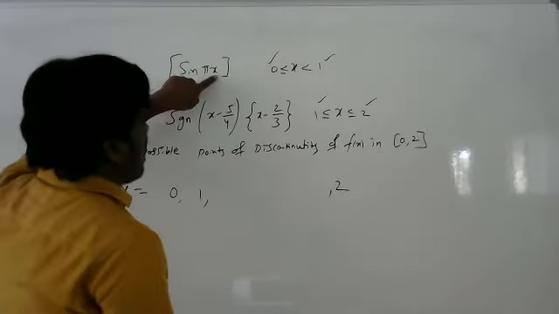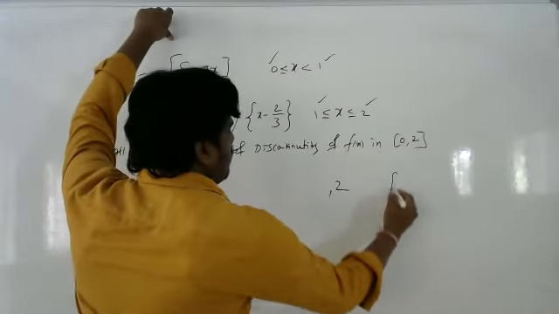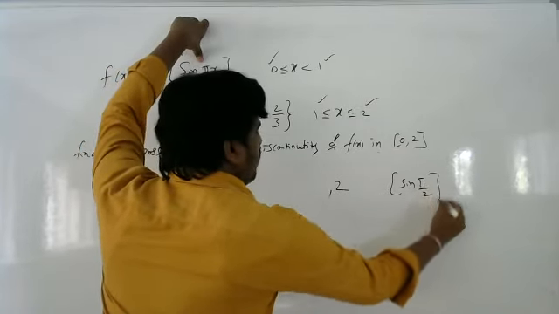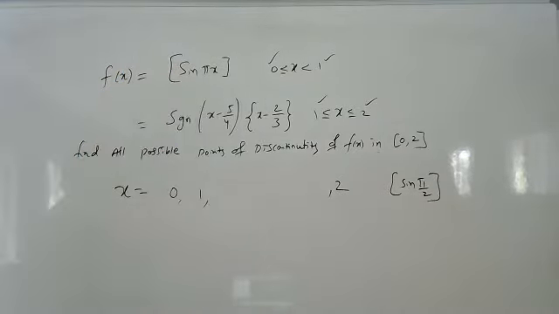See here, if x is half, what happens? Inside the sine, if x is half, I get pi by 2. Sine pi by 2 is how much? Sine pi by 2, the greatest integer, is 1, right?